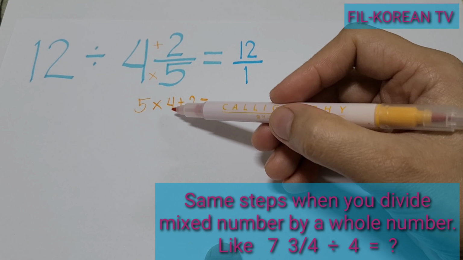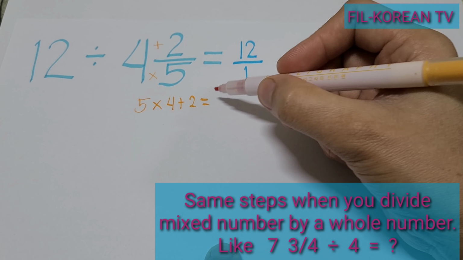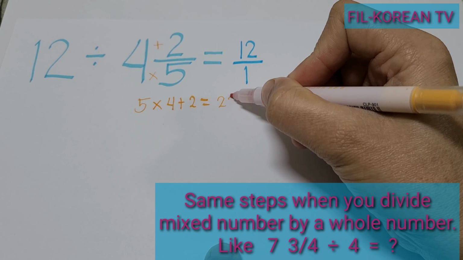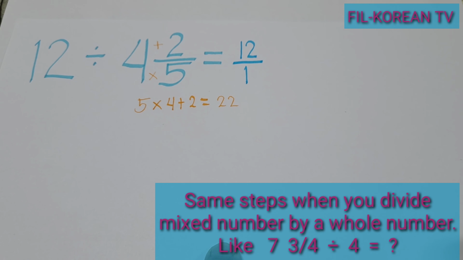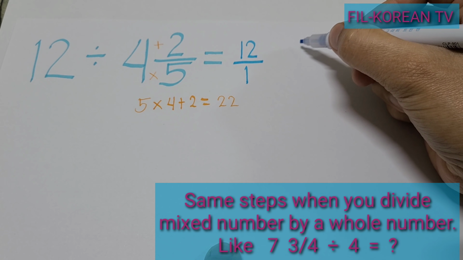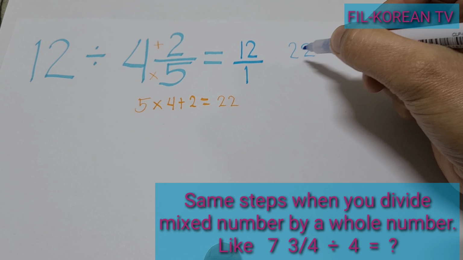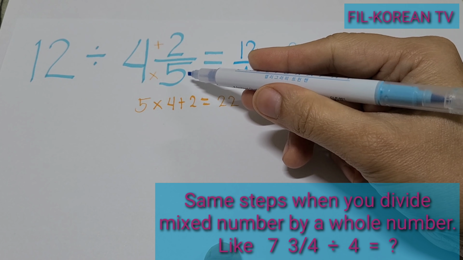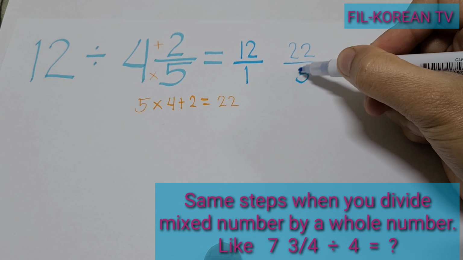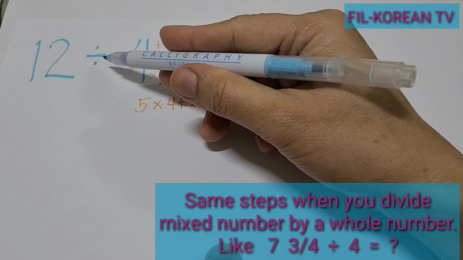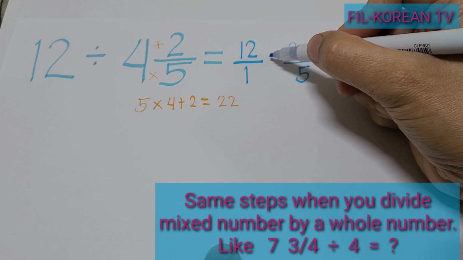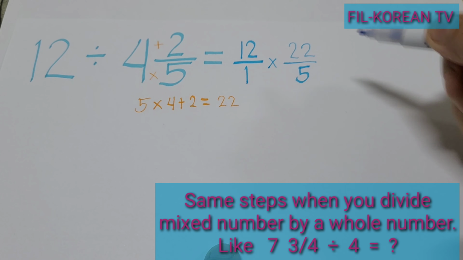Okay. 5 times 4 equals 20 plus 2 equals 22. So, itong 22 ang bago nating numerator, 22. And then, ang denominator na 5. Okay, papalitan natin itong division sign ng multiplication sign.